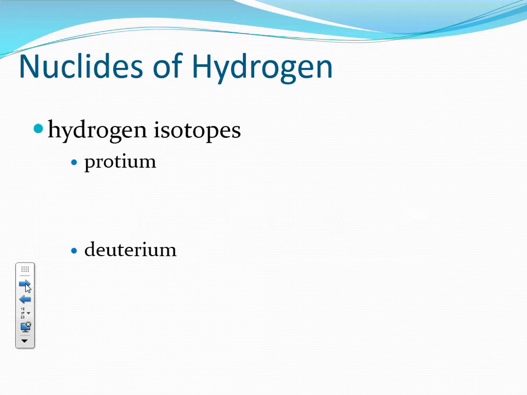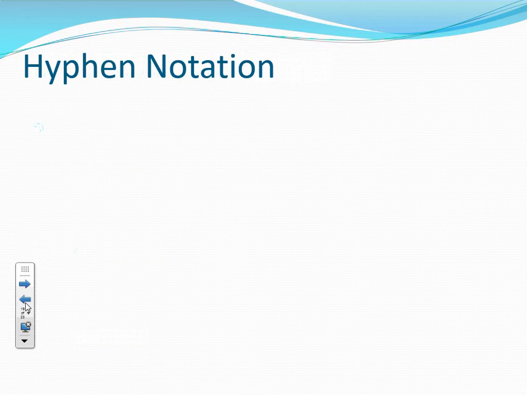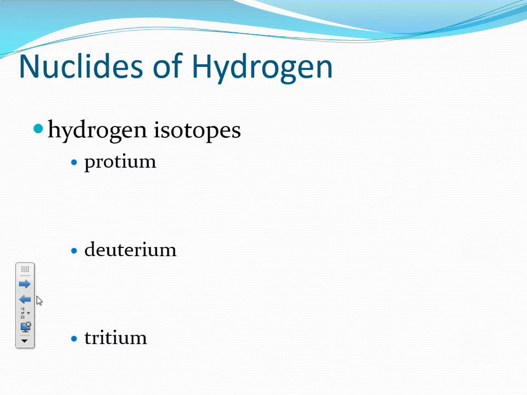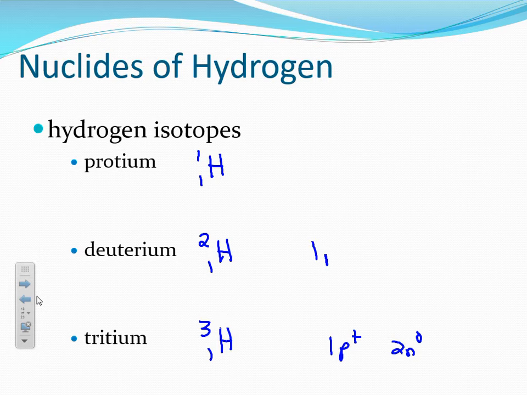Hydrogen has special names: protium, deuterium, and tritium. For the notation, this is hydrogen-1, deuterium is hydrogen-2, tritium is hydrogen-3. Tritium has 1 proton, 2 neutrons. Deuterium has 1 proton, 1 neutron, and protium has 1 proton, no neutrons.